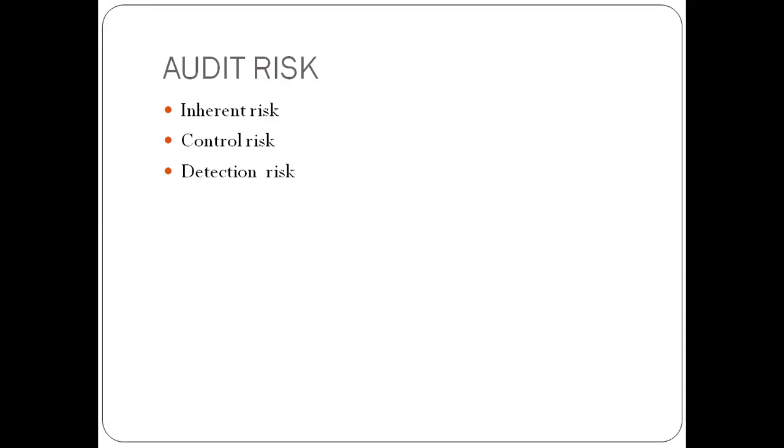For example, in banking, there will always be a risk that people will commit fraud because money is always available either in the physical form or electronic form. So there is an inherent risk of fraud in the banking environment. In construction, there is an inherent risk of accident because you have a lot of machineries, stones flying up and down, noise.